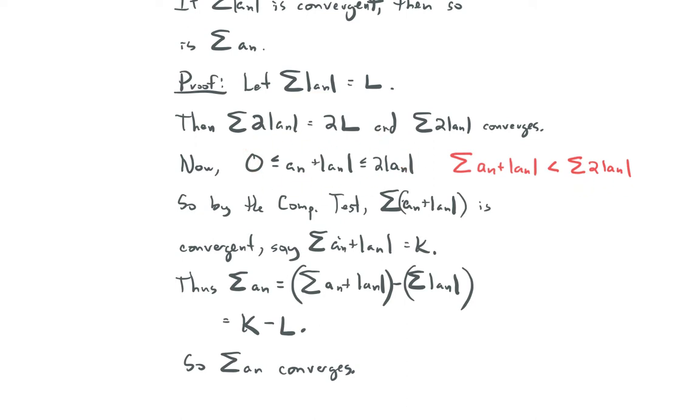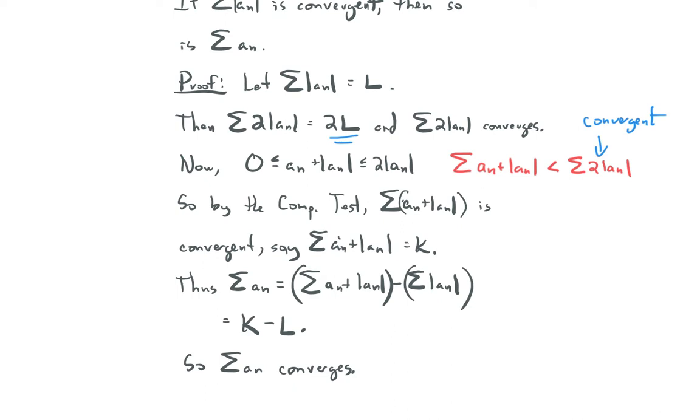So we know this is convergent. That's what we said above. That had a sum of 2L. So that means that this one here converges, since it's less than this convergent series. So let's say this series here has a sum of k.